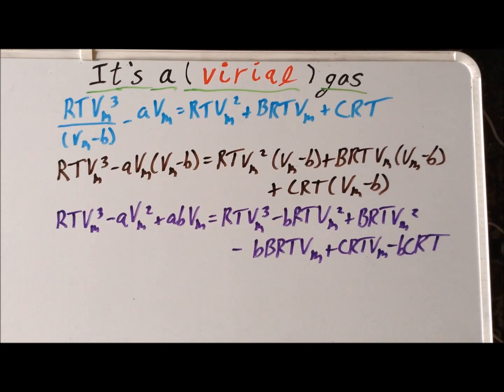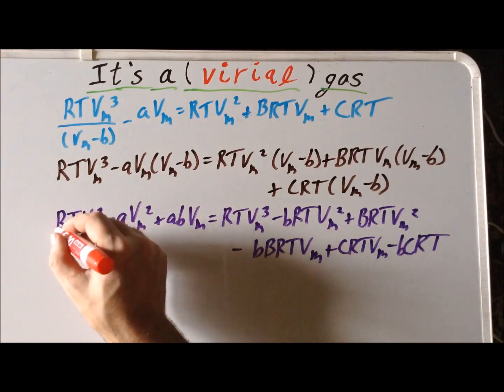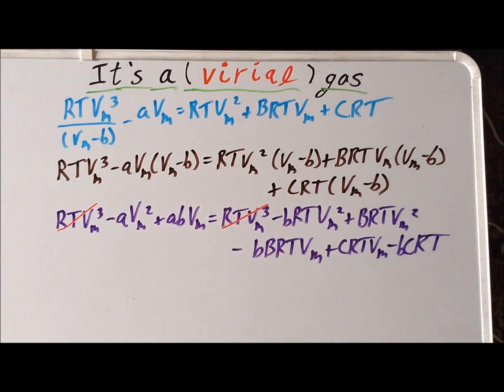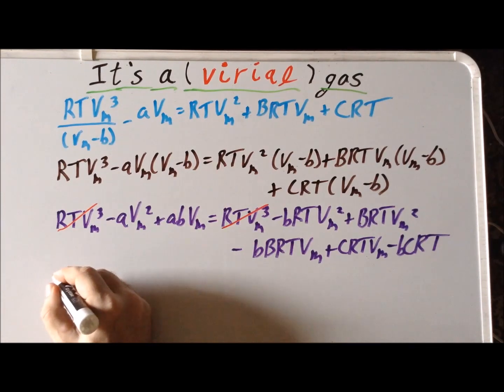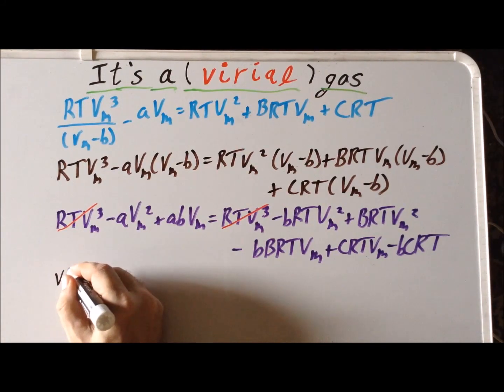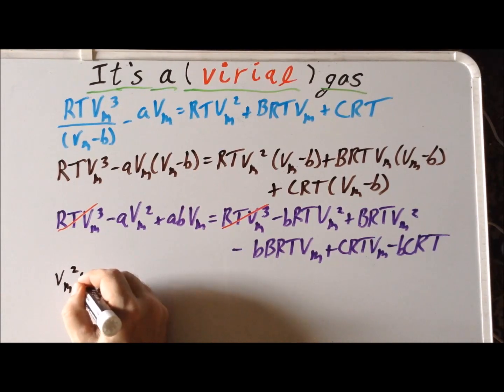We can subtract RT times the molar volume cubed from each side. This term drops out, and then this term drops out. Then our goal is to look at the powers of the molar volume. So we want to compare the coefficients on the left-hand side to the coefficients on the right-hand side. Make a little note here that this is the expression that concerns the molar volume squared.